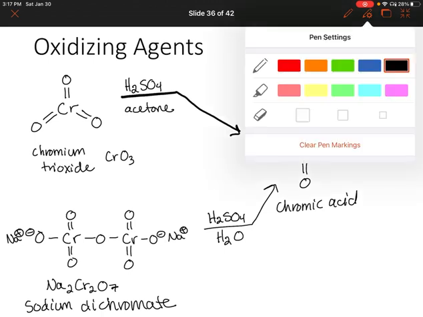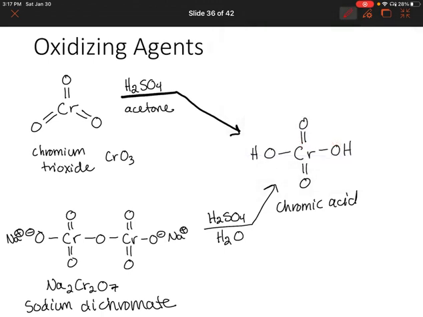Now, unfortunately, chromic acid is not the best reagent we could use. It is a strong oxidizer, so it is going to oxidize your sample, but it can cause cancer. And additionally, the byproducts of the reactions are not environmentally friendly.